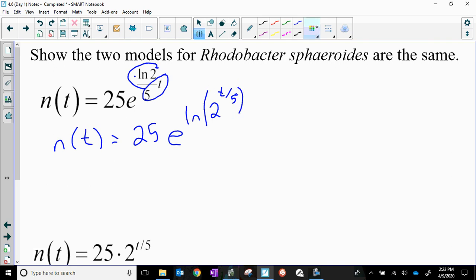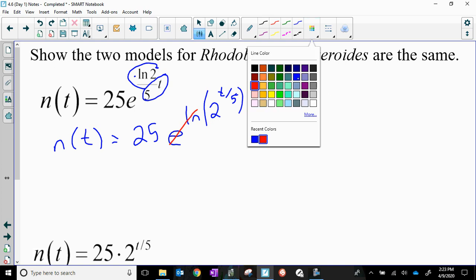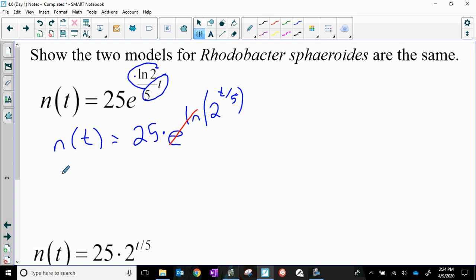Well, now I can see the inverse property of logarithms and exponentials being used. And we're left with 25 times 2 raised to the t over 5. They are the same formula.